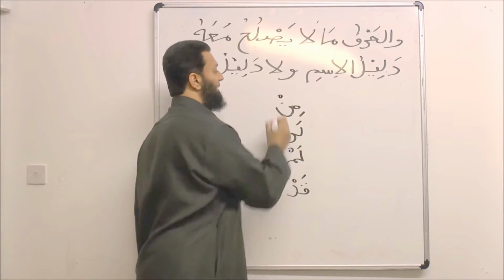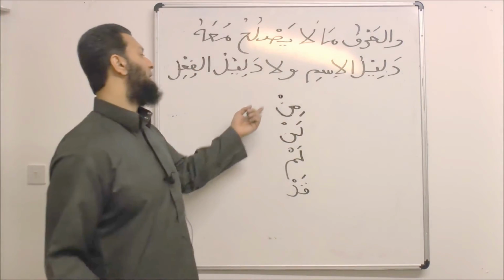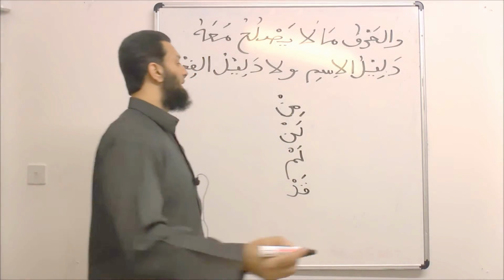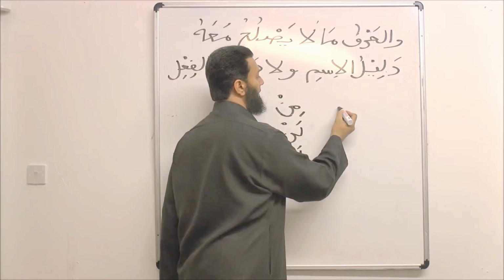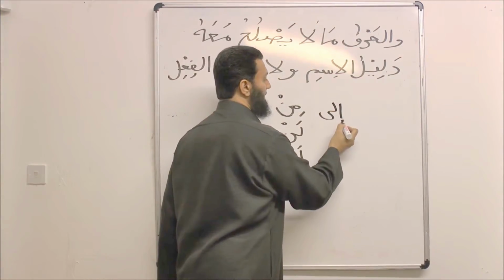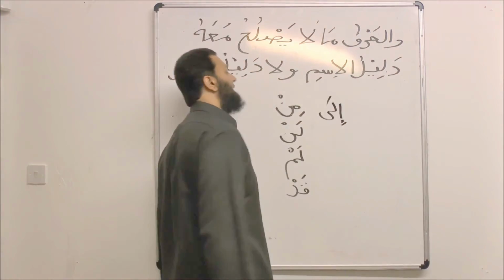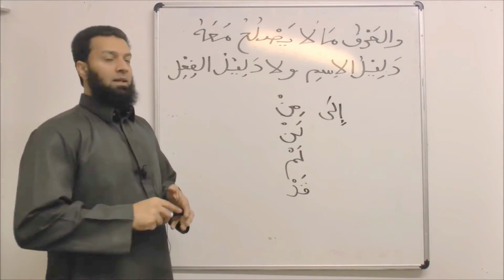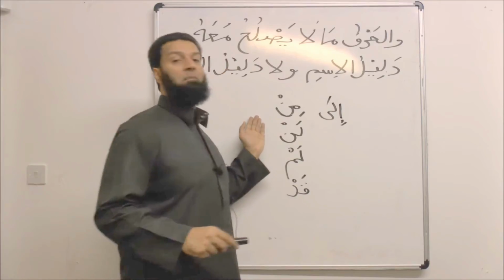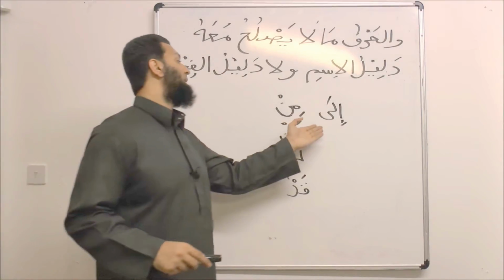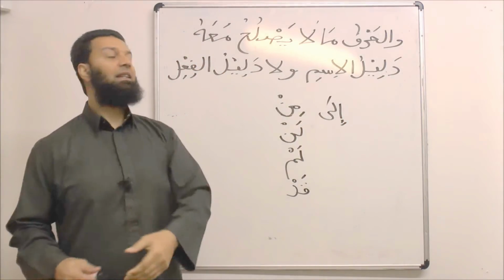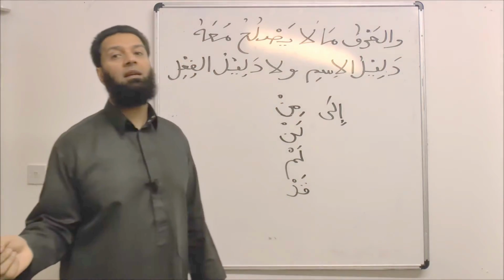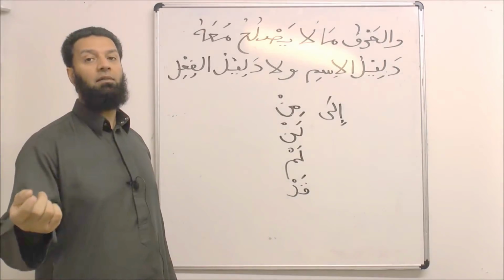Min, of course, is mabniyun ala sukun. And then somebody writes or says, ila min. We now have min, which is preceded by ila. Does the fact that it is preceded by ila render min to be harfun min huruf al-khafdi?